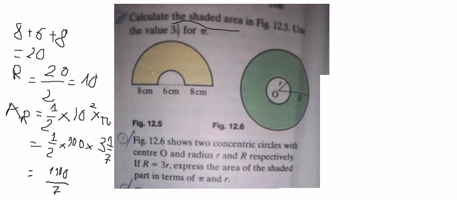The next one, we need to calculate the area of the small circle. So we got the small r. This is the small circle in here. We got number 6, 6 divided by 2, you got 3.